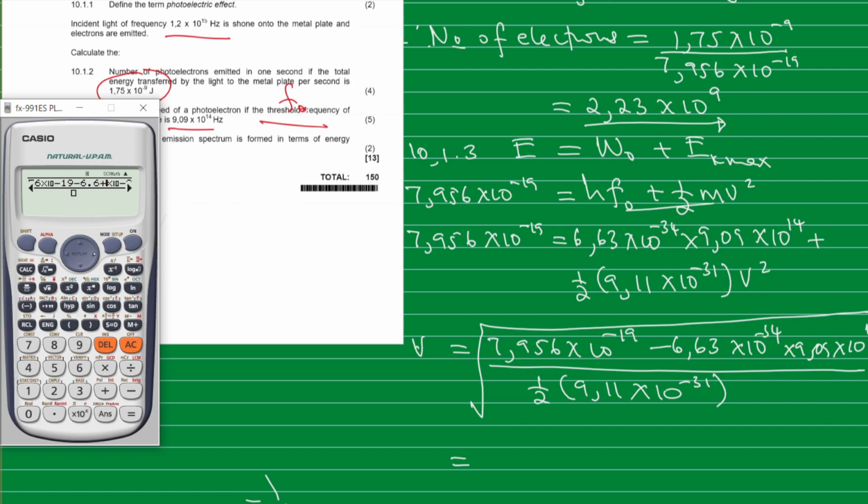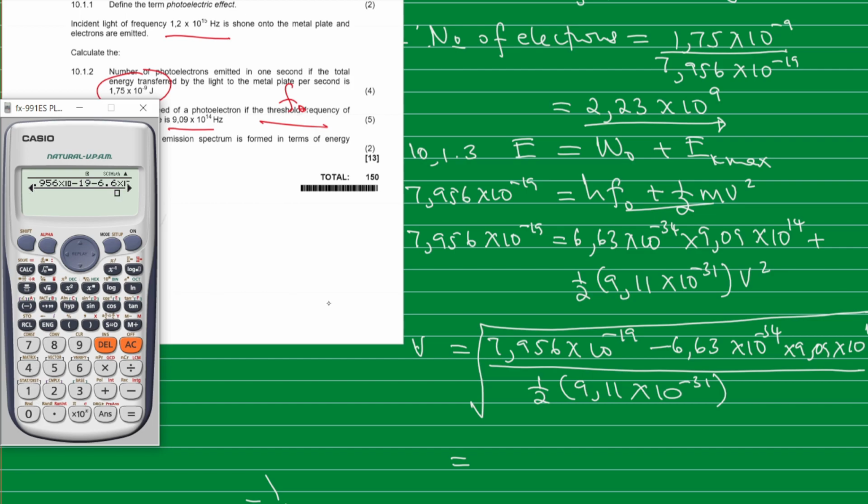There's a multiplication here, so we have multiplied by 10. Then I'm going to multiply again by 9.09, and that is multiplied to the power 14.